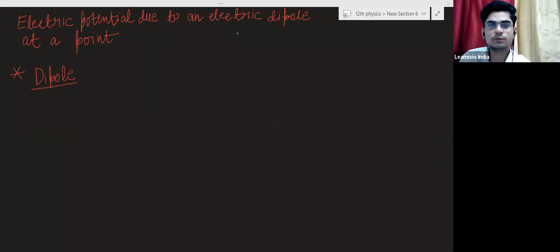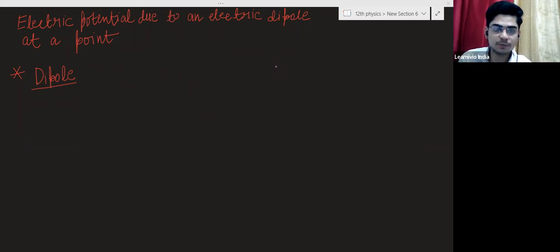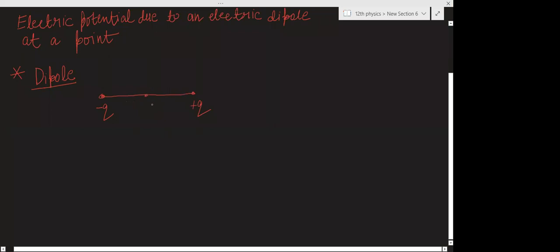Okay, so today we will discuss the electric potential due to an electric dipole at a point. Firstly, I want to tell you about the electric dipole. A negative charge is placed here, and here a positive charge is placed, and these two charges are separated by a small distance.